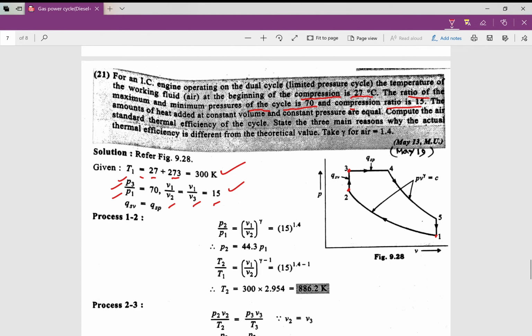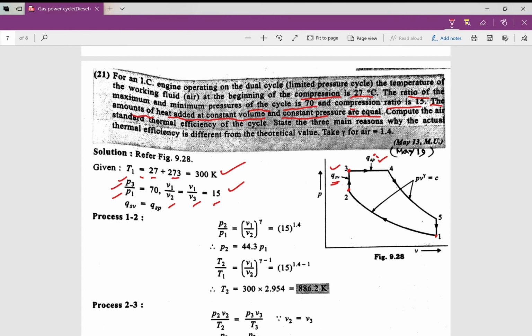One condition is given, dear students: the amounts of heat added at constant volume and constant pressure are equal. As you know, some part of the heat is supplied at constant volume, which is written Q_SV, and the rest of the heat is supplied at constant pressure, which is written Q_SP. S is for supply and P is for constant pressure.